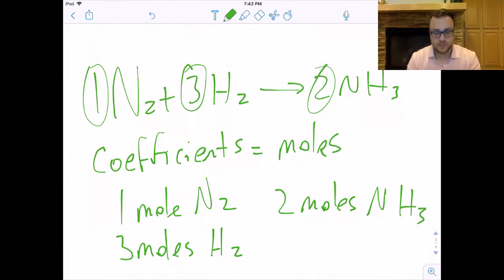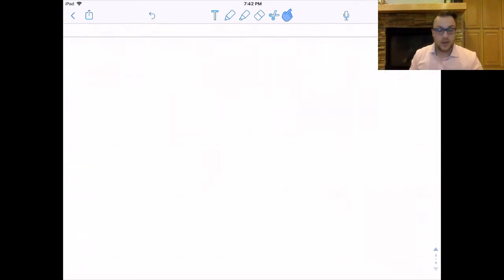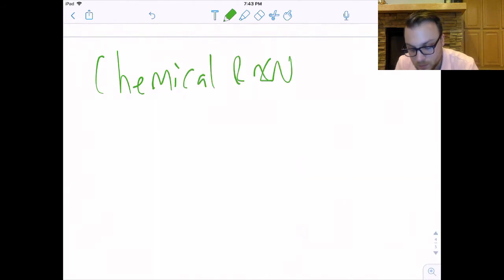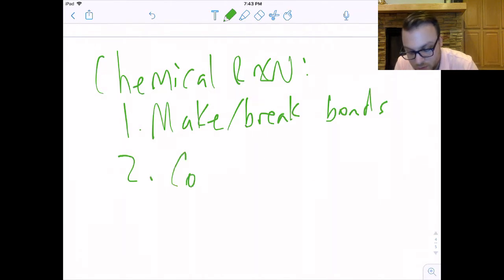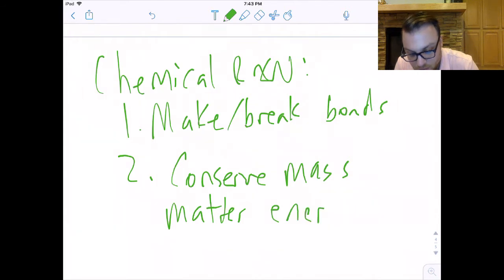When you see a chemical reaction, chemical reactions will always be making or breaking bonds, but you will conserve mass, you'll conserve matter, you'll conserve energy, and you'll conserve charge.